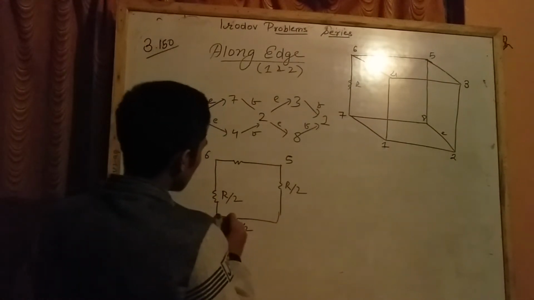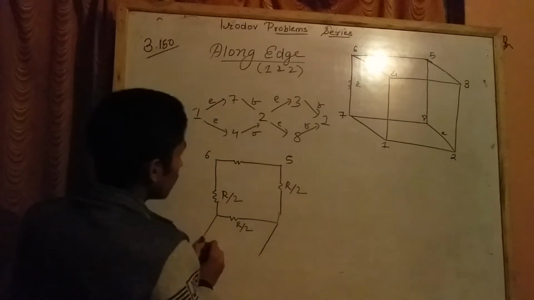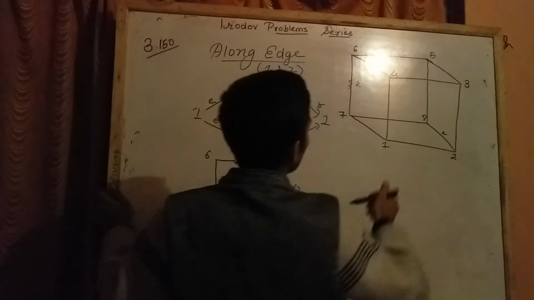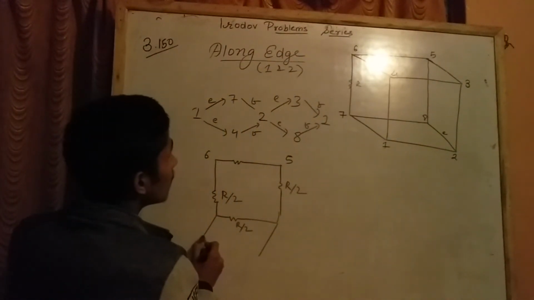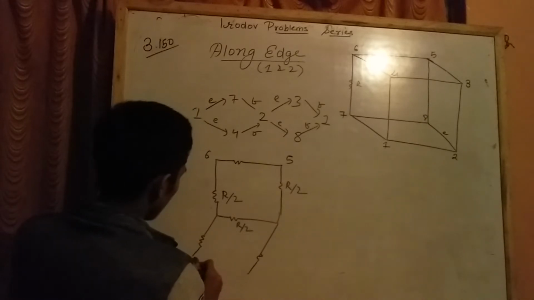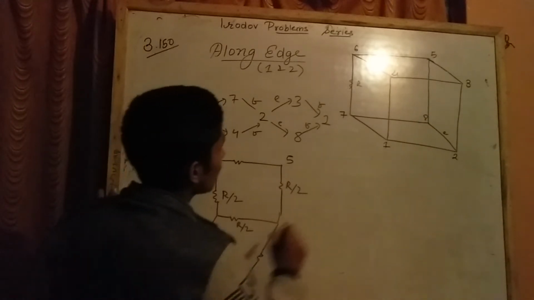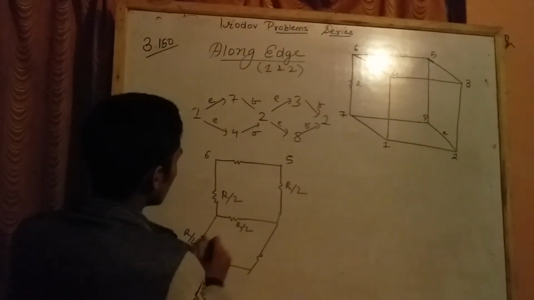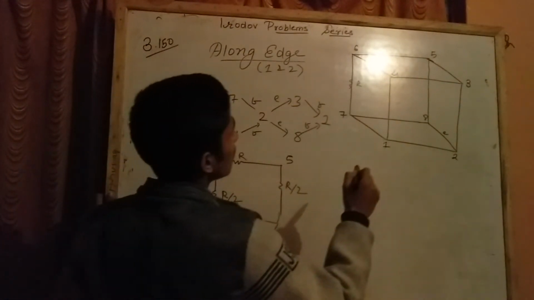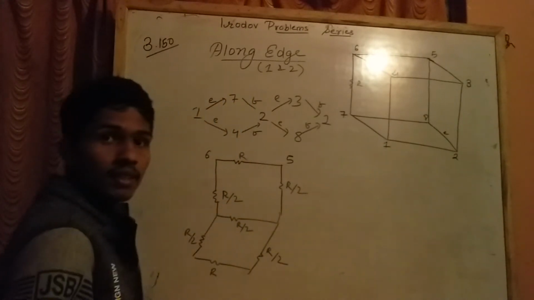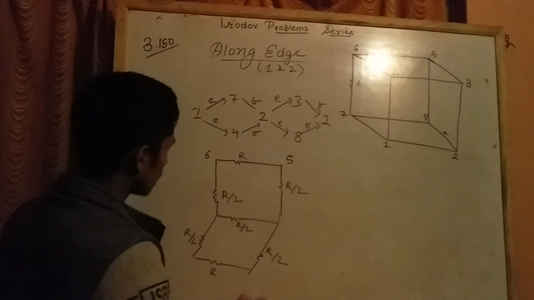You can visualize which ones get R by 2 and which remain as R. This is R, and then this is R by 2 again, and this is R, and this is R by 2 again.